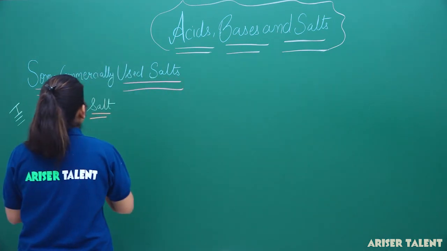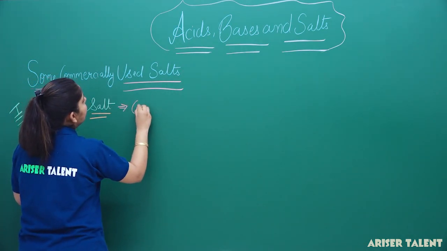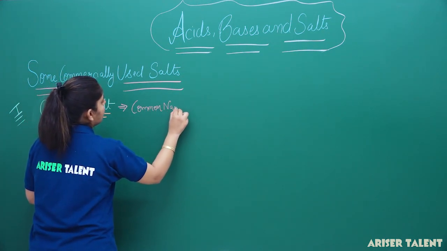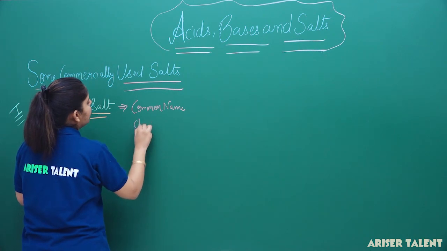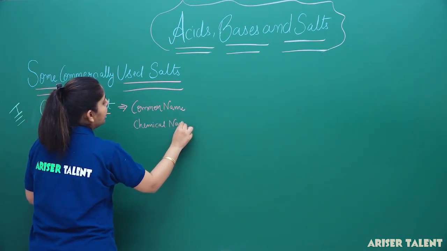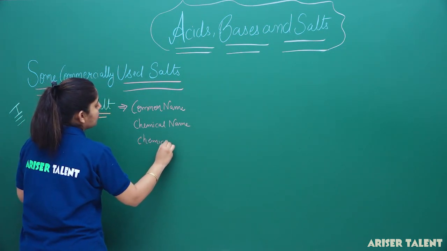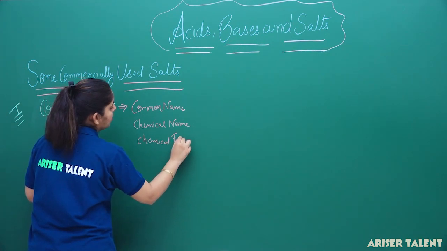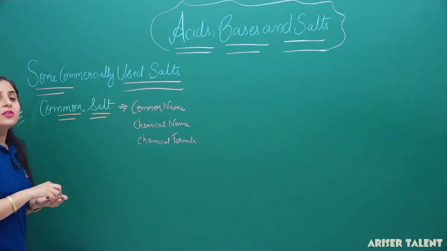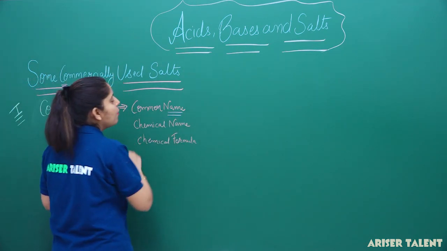So firstly, we are writing about the general description of it. Its common name, its chemical name, and thirdly, the chemical formula of that compound. So these are the three basic things about that compound. Firstly, I am writing about the common name of the common salt.